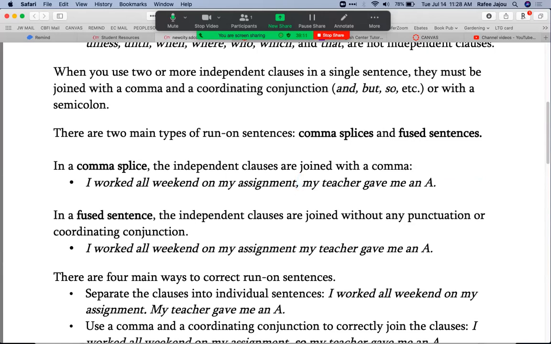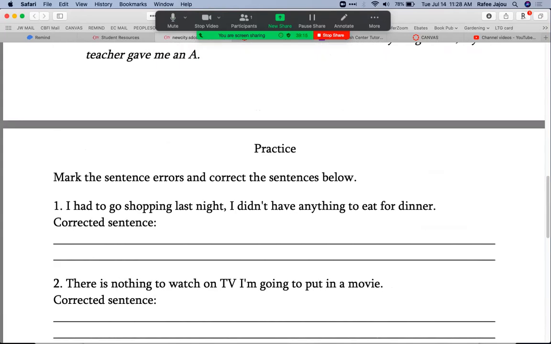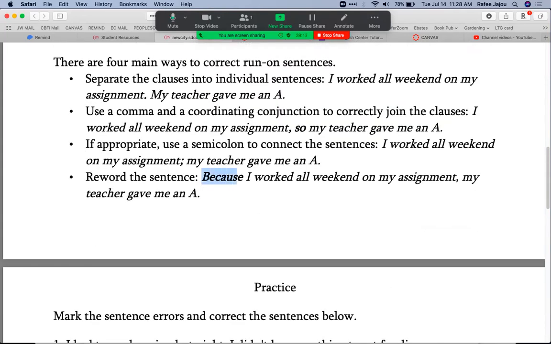And the only difference, what comes before the subject. Because. A comma keeps the sentence going. A period does not. Because I worked all weekend on my assignment, you really can't stop yet. That's why you need a comma. It wouldn't make sense if you had a period there, right? It'd be like, and what else?